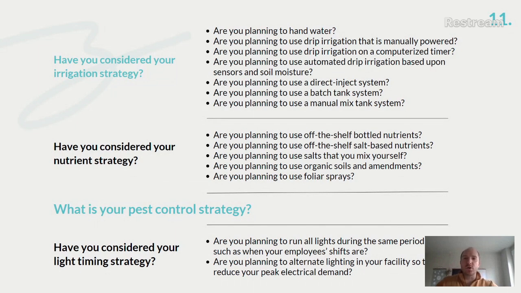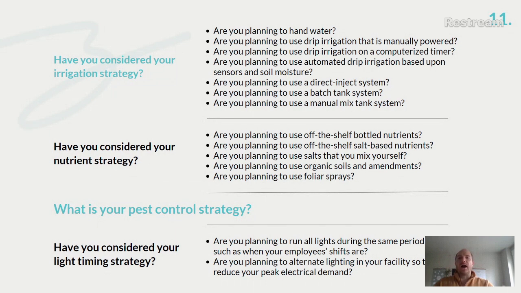Hand watering, typically you're going to go through more water and more nutrient, which is going to lead to higher costs on the operational side versus having a fully computerized system that decides when to irrigate. It's going to be higher on the CapEx side. You're going to use less nutrient though, so the operational expenditures will be significantly less than if you hand water.